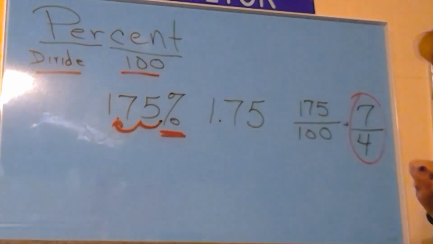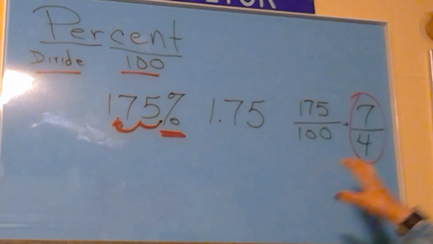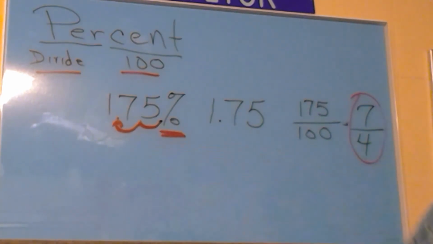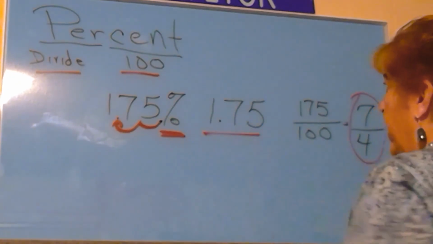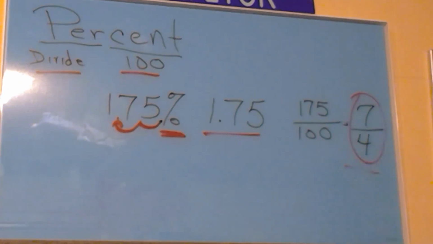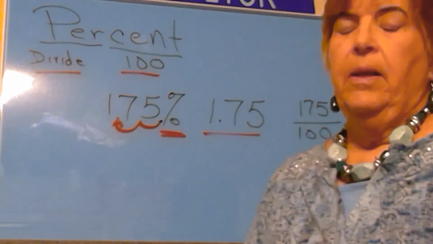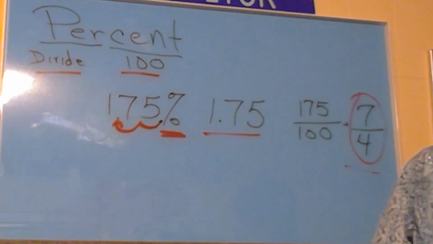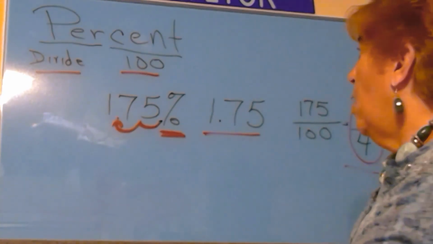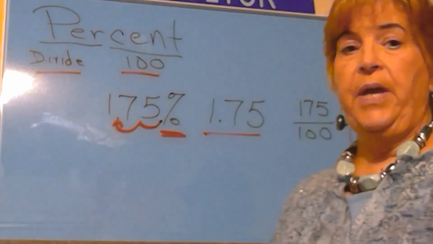If you insisted on changing that to a mixed number, it would be 1 3/4. But I'm not going to write that down because 7/4 is an acceptable answer. So we were given 175%. We wrote it as a decimal, and then we wrote it as a fraction. And that is our lesson on percents for today.